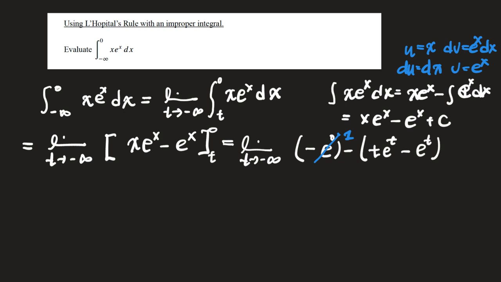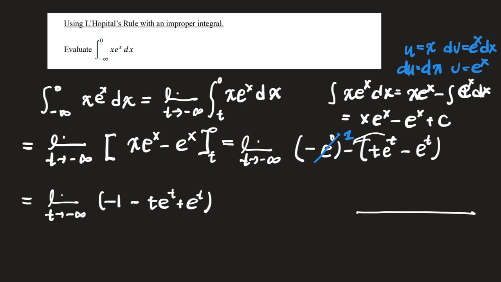So we have the limit as t approaches negative infinity of negative 1, distribute the negative, negative t e^t plus e^t.